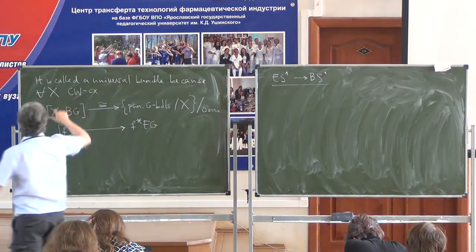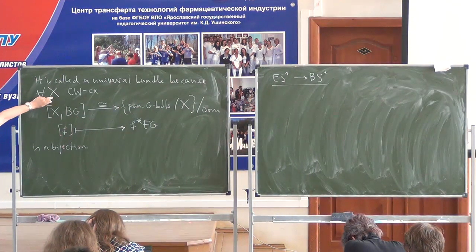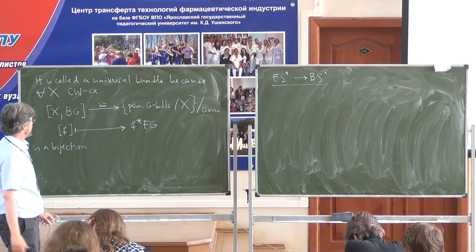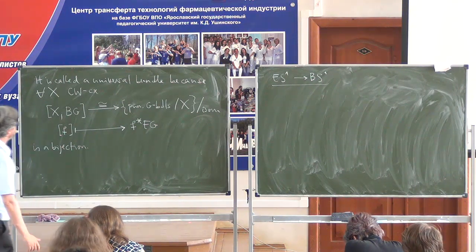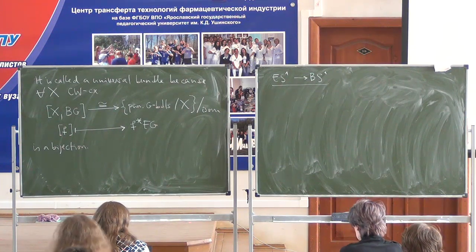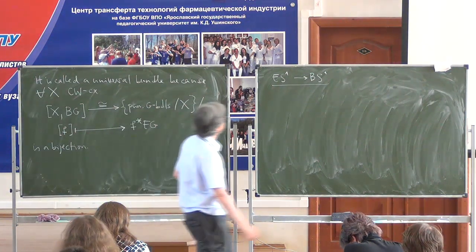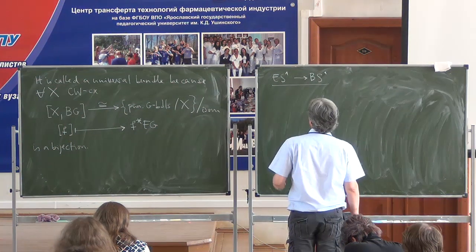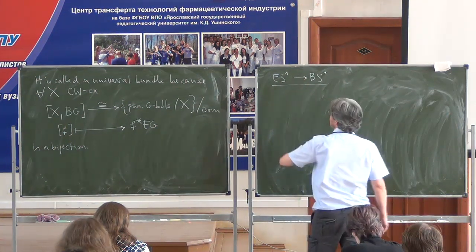Typically what you do is you argue by induction on the skeleton of X, okay? And uniqueness follows, for example, from the fact that EG is contractible, okay? But also existence. Okay, so let's construct this universal bundle.